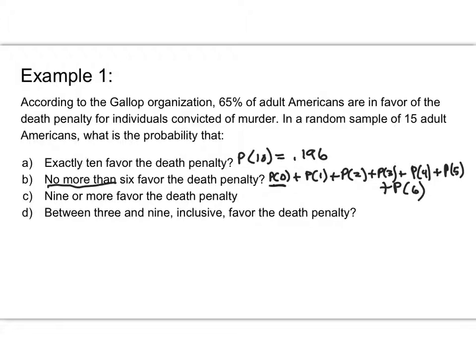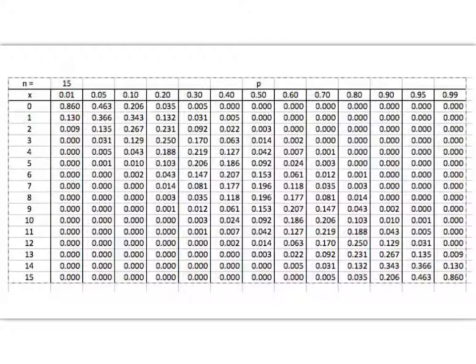So what I'm going to need to do when I go to the table is, again, go between these two columns, but I need the probability of 0, 1, 2, 3, 4, 5, and 6, and I'm going to need to add those together.